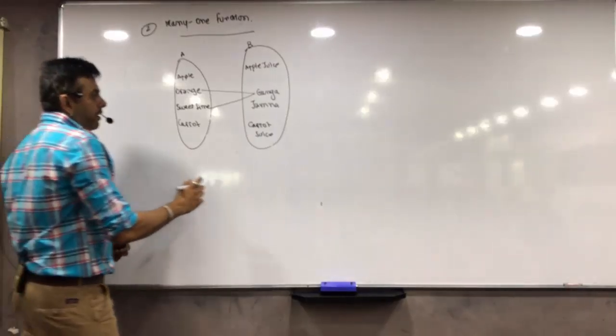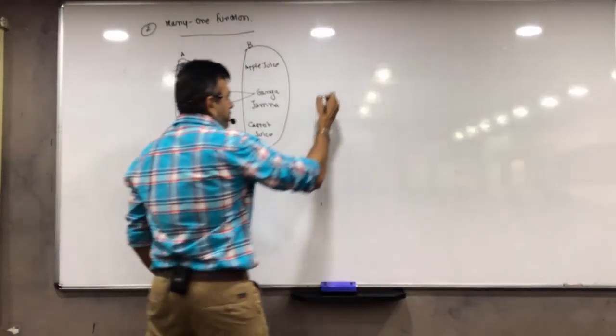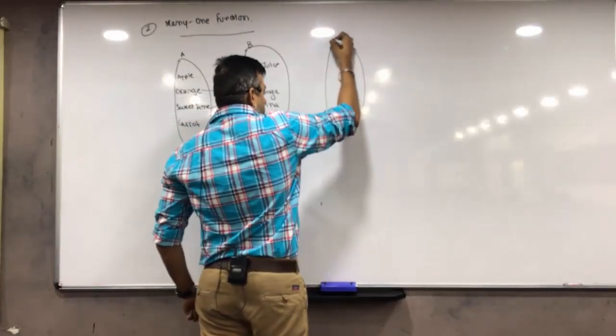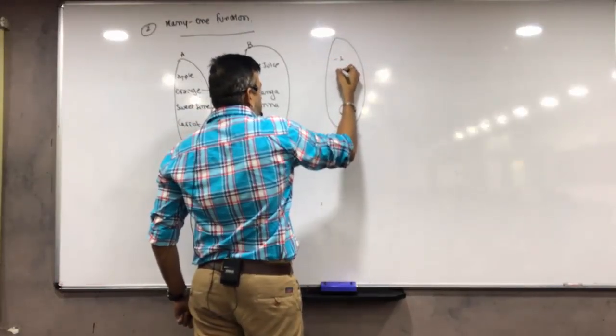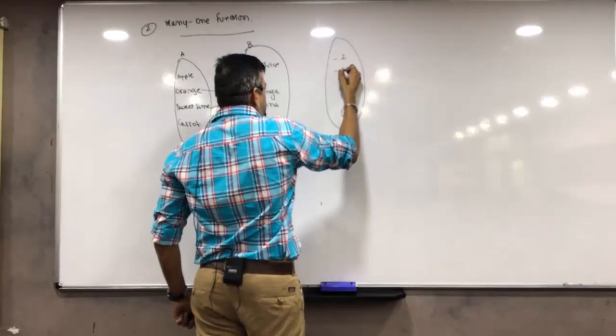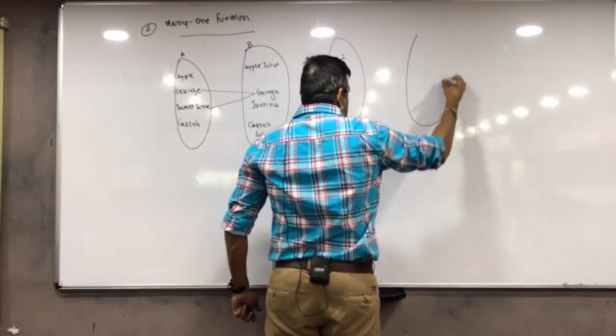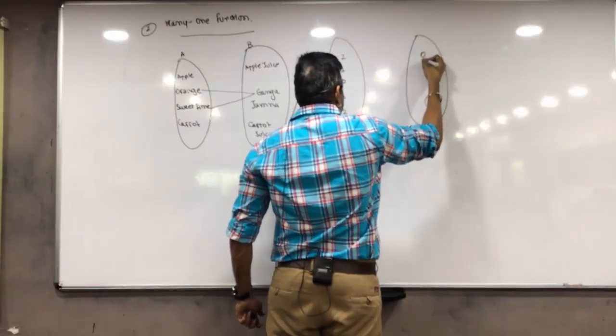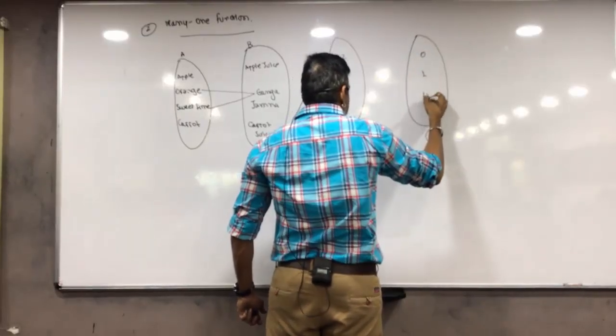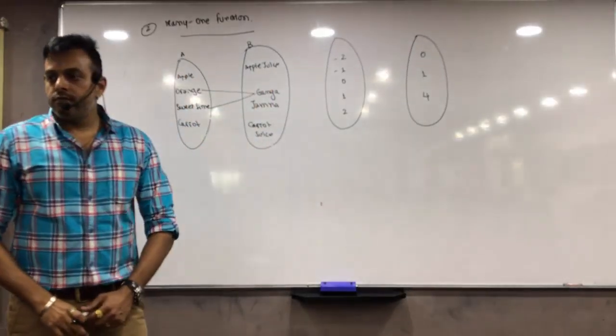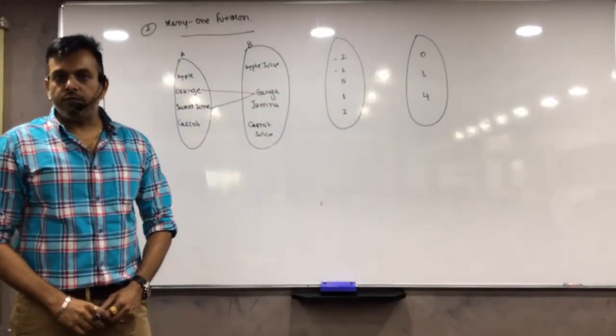Now, if we want to take some other examples, numeric, I'll say -2, -1, 0, 1 and 2. And over here, I'll take 0, 1 and 4. Understood everyone?